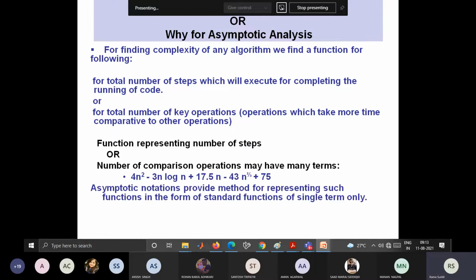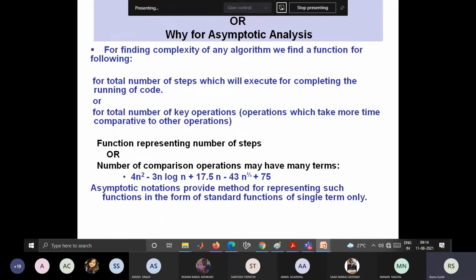So here I try to summarize some important points about it. Asymptotic analysis is for the purpose of finding the complexity of any algorithm. When we have to find the time complexity, now we have switched over to time complexity, space complexity is already complete. For finding the time complexity of any algorithm, we find a function.